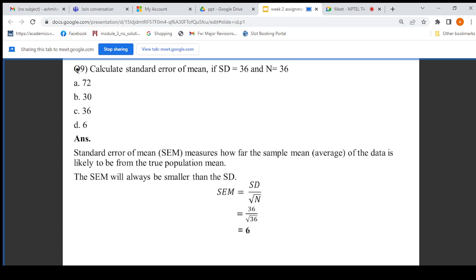So standard error of mean is basically how the sample average is likely to be similar to the population mean. If the discrepancy is there, how much is the discrepancy? For measuring that purpose, we use the standard error of mean. So basically if a population is there, we can find two means. One is the sample mean.